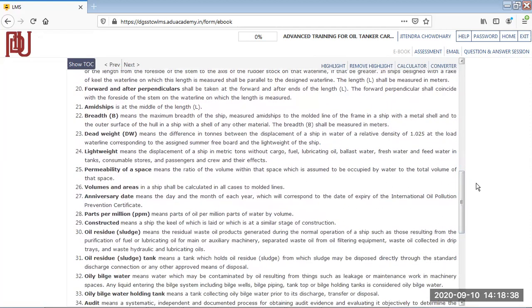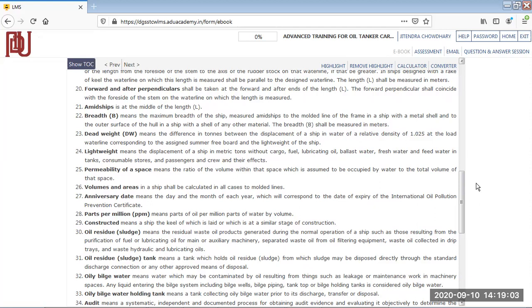Midship is the middle or the center of the length. Breadth is the port to starboard distance, and deadweight is the weight of the cargo, crew and everything the ship carries, without the weight of the steel structure. Light weight is the weight of the steel structure.